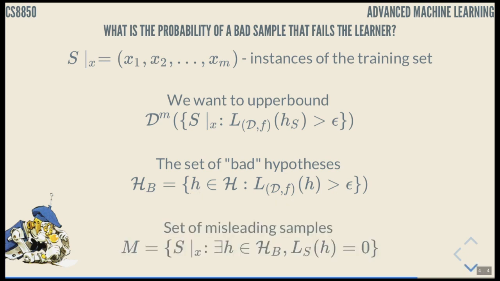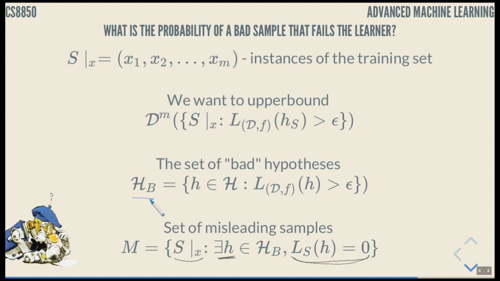But there is also a set of misleading samples. And misleading samples, M, is a set of training samples for which there exists a bad hypothesis for which empirical loss is 0. So let's dwell on it a little bit.